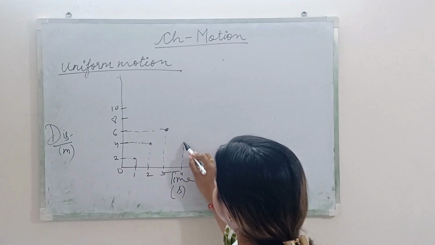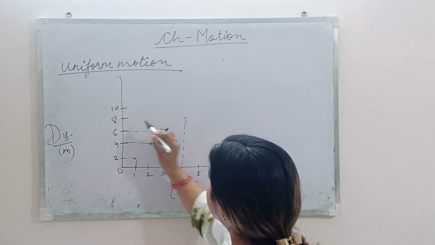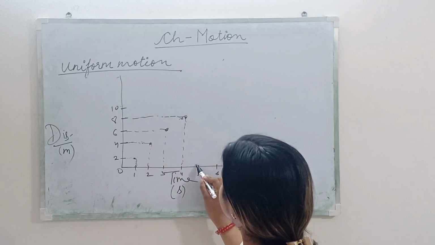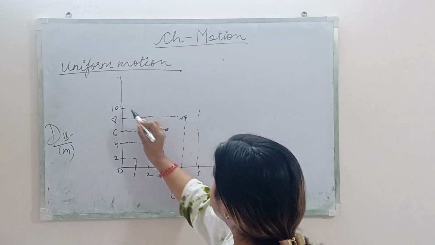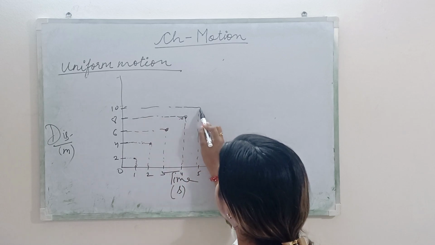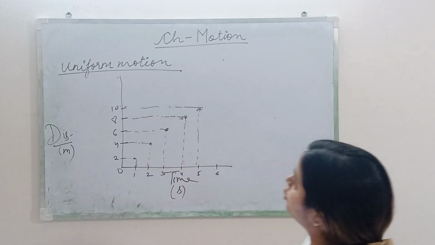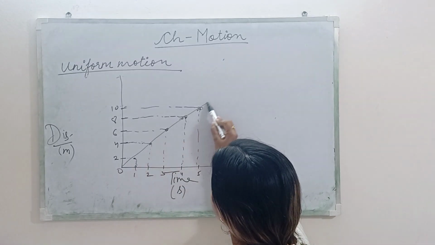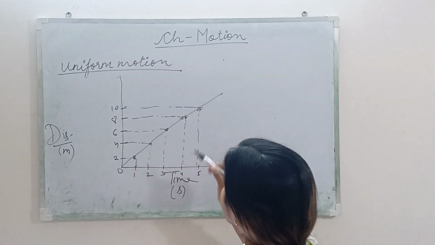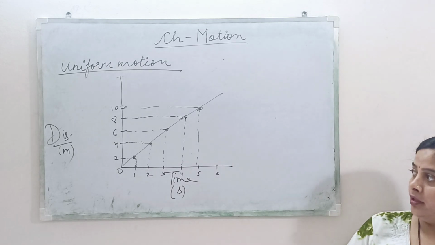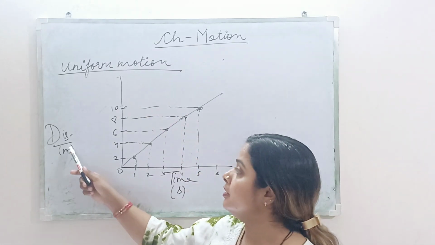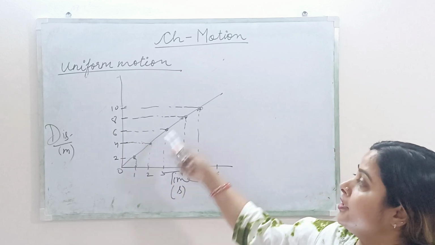In next second, the body is covering 8 meters. In next second, the body is covering 10 meters. And if we join all these coordinates, so what are we getting? We are getting a straight line. So it means in uniform motion, the graph between distance and time is a straight line.